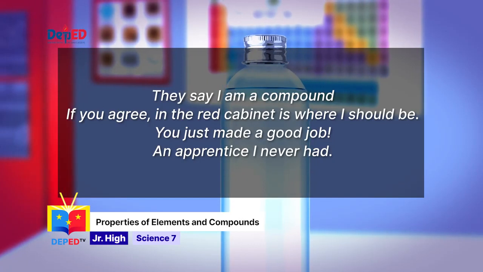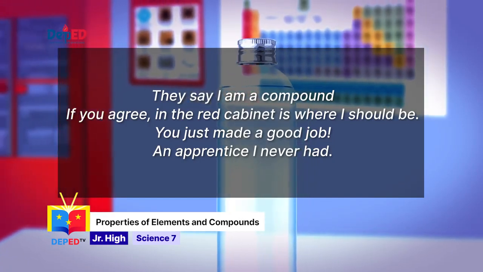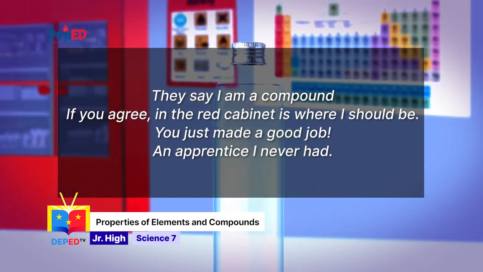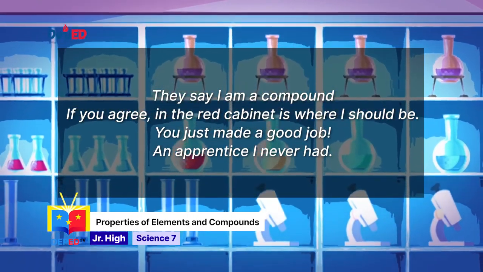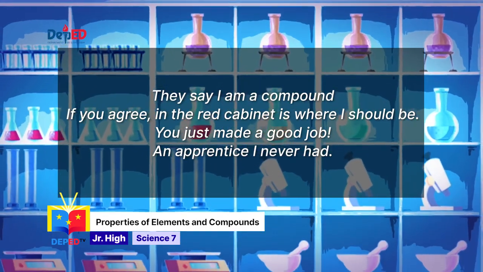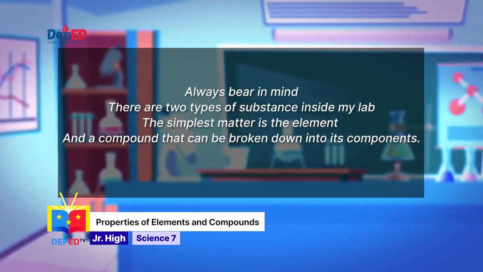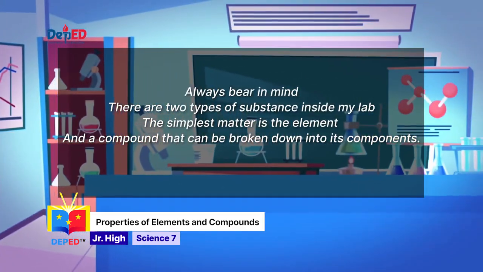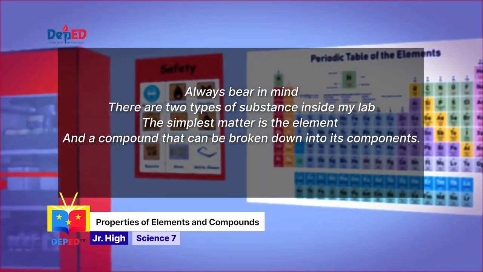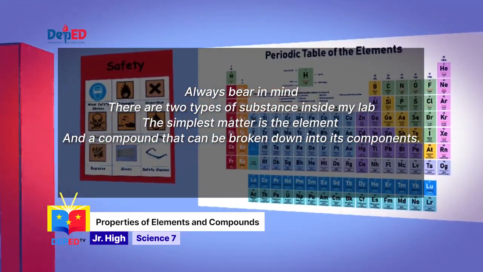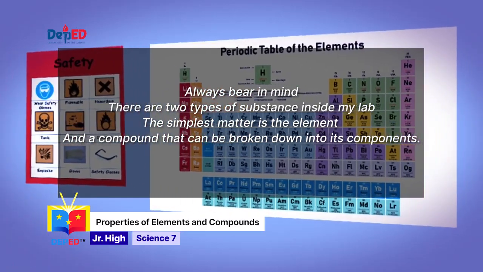They say I am compound. If you agree, in the red cabinet is where I should be. You just made a good job. An apprentice I never had. Always bear in mind, there are two types of substance inside my lab. The simplest matter is the element and a compound that can be broken down into its components.